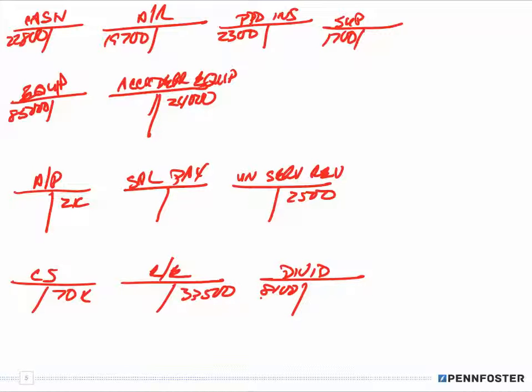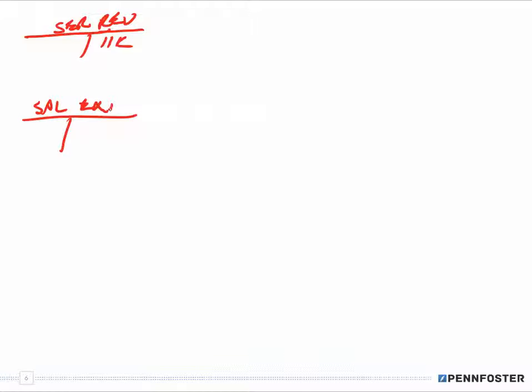Okay, and I'm going to need another slide here, so I'm going down to put in service revenue. And that had a beginning balance of 11,000. And then we had salaries expense, and that had a balance of 3,400.